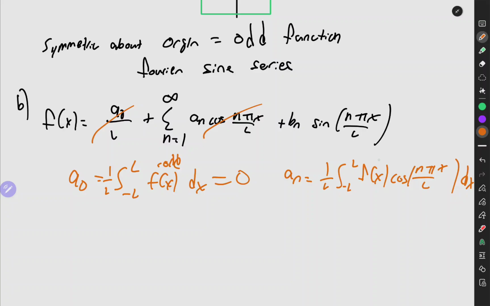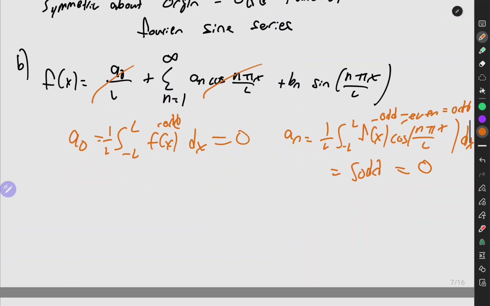And you can see we have an odd function times an even function, which is odd, which results in an odd integral, so then that's 0, right? So that's how I know.